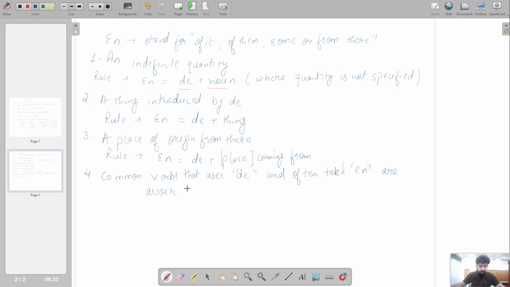Avoir envie de, usually when I say avoir envie, it simply means to want, or to feel like. So avoir envie de we generally like. So this always comes with en. Then when you talk about something, you can say penser à, so basically to think.